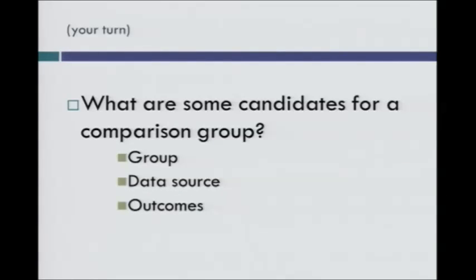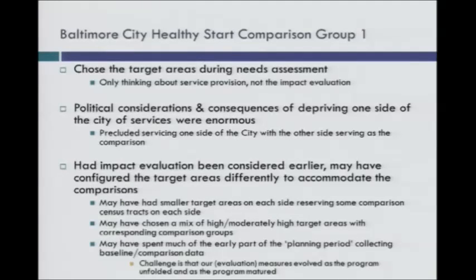I'll tell you a little bit about what we ended up doing. We picked 2 comparison groups, and I'll tell you about the data sources. The first comparison group: one thing you should know is we chose our target area at the time of applying for the grant.